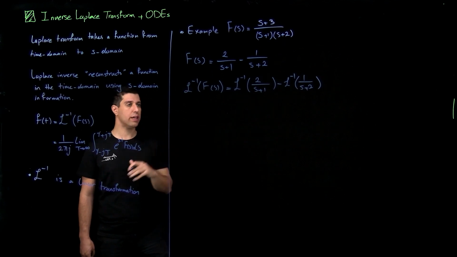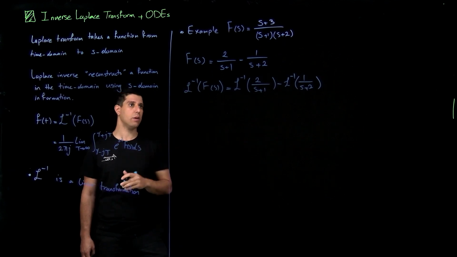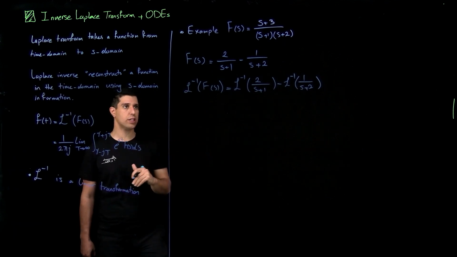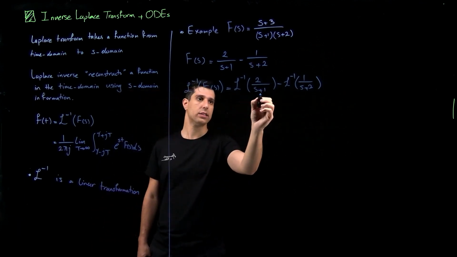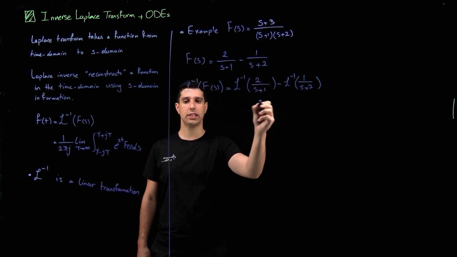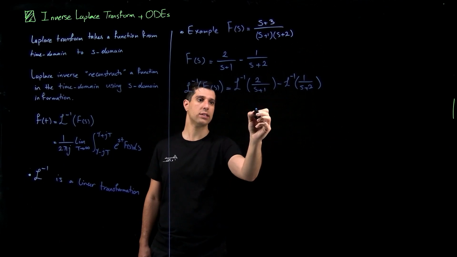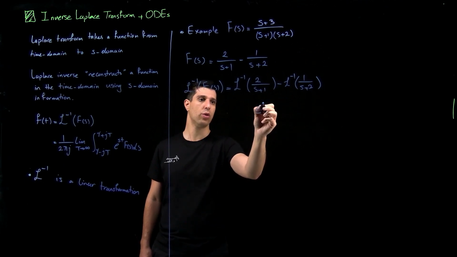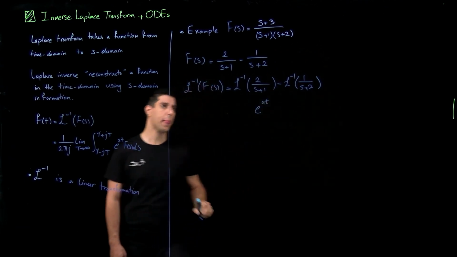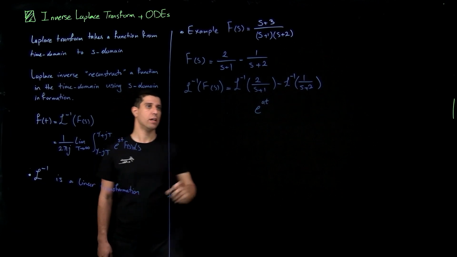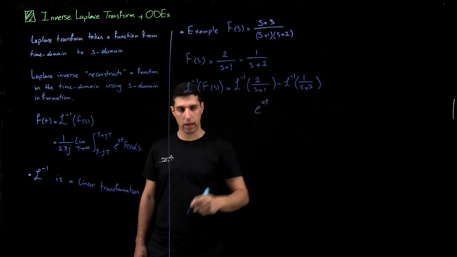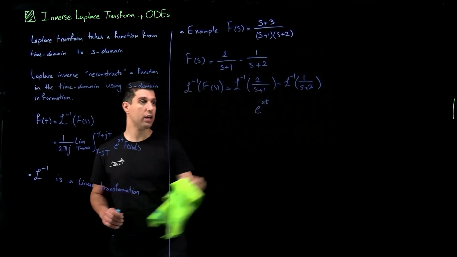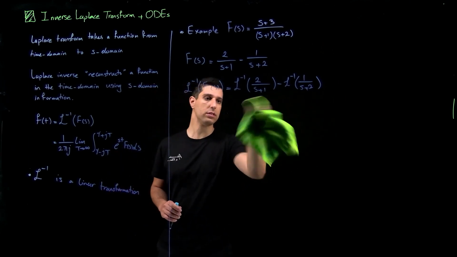And these are now relatively easy if you look at our table of functions and their Laplace transforms. This 1 over s plus something has the form of e to the at. Again, 2 is a constant, and I can take that out.